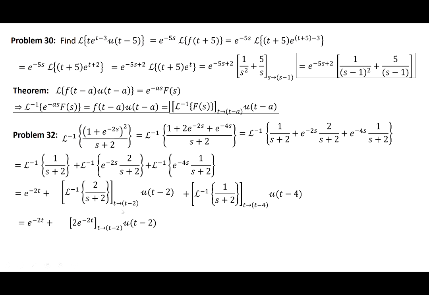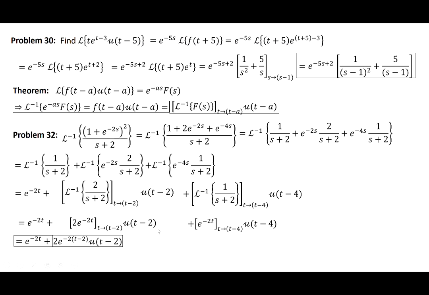And we'll apply the shift, multiply by u of t minus 2. 1 over s plus 2, e to the negative 2t, apply shift. E to the negative 2t plus 2e to the what? I'm just replacing t with t minus 2 in this guy. That's it.